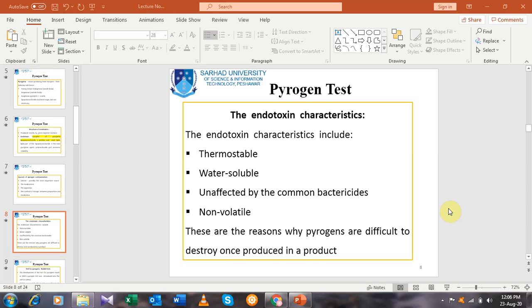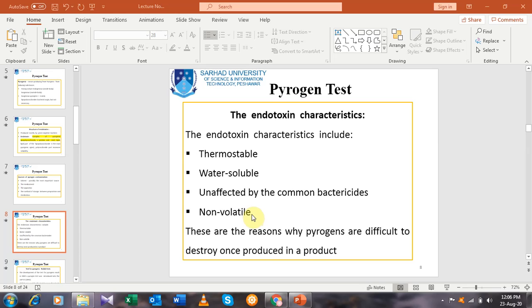These are the reasons why the pyrogens, that is the endotoxin, which is one part of the pyrogens, is difficult to destroy or remove from the formulation of the product once they have entered inside the formulation. So these are the reasons.